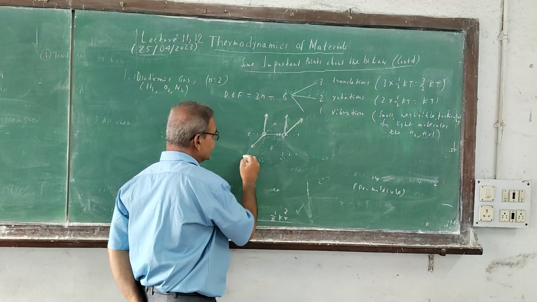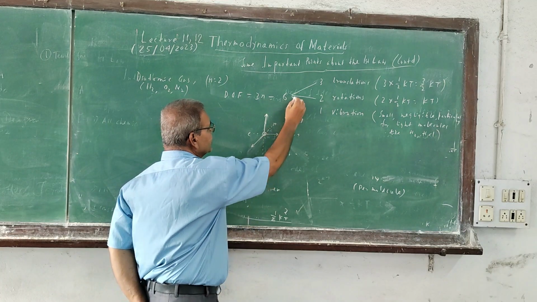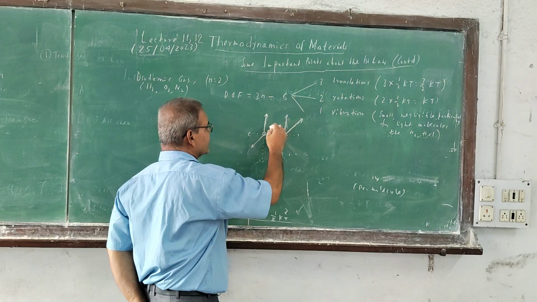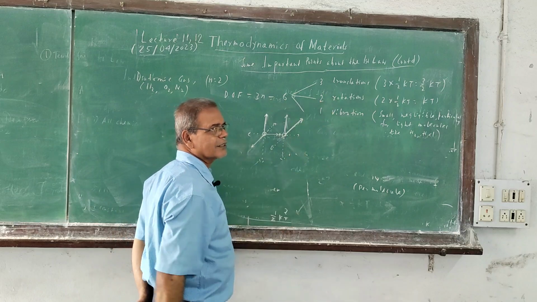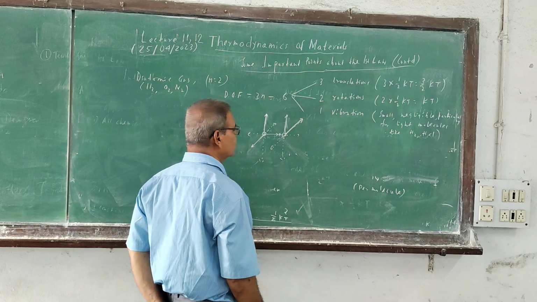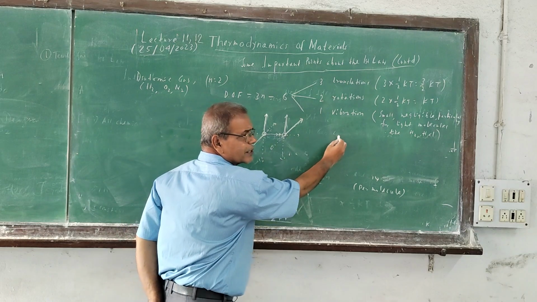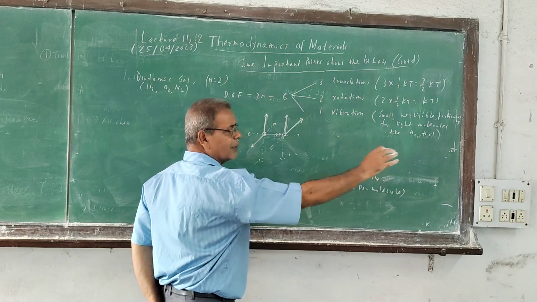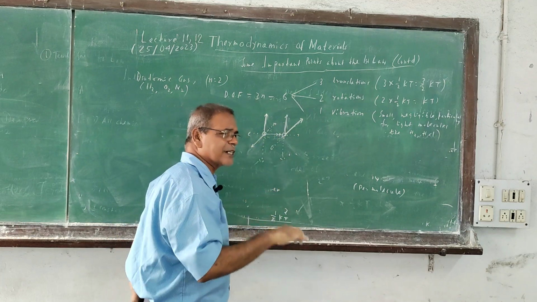Similarly, suppose this atom is moving in this direction, this is also moving in this direction, say the z direction. So again 1, 2. The third is this direction, and this is also the same direction, 1, or both in the reverse direction, which means the same direction.